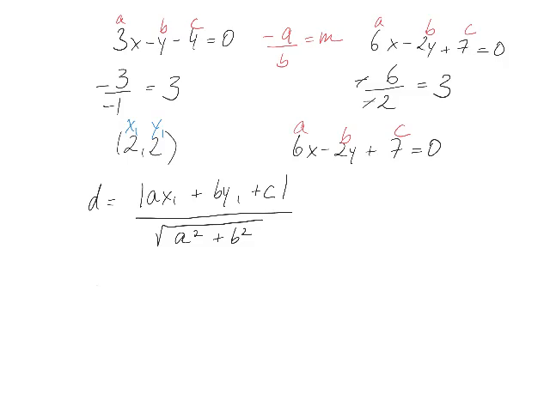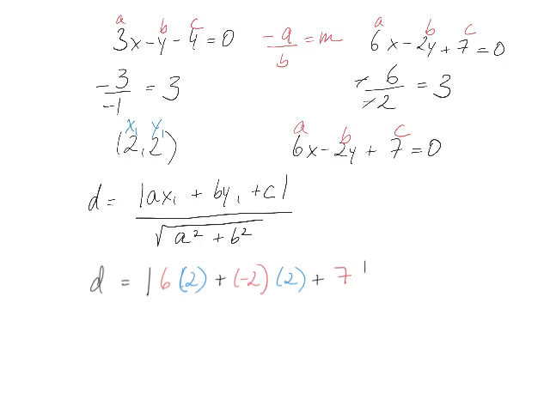Okay, so D equals the modulus of A is 6, x1 is 2, plus B is minus 2, times y1 is 2, and then we have plus 7 for C.